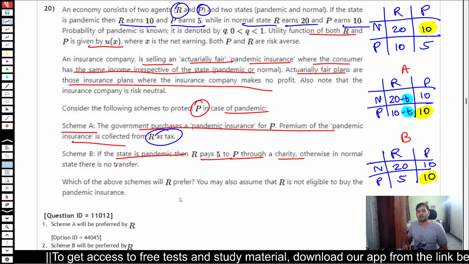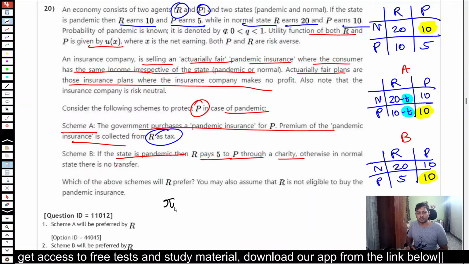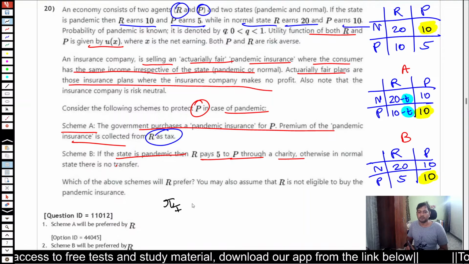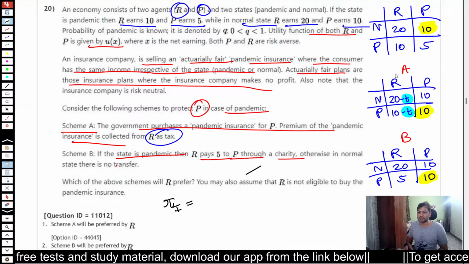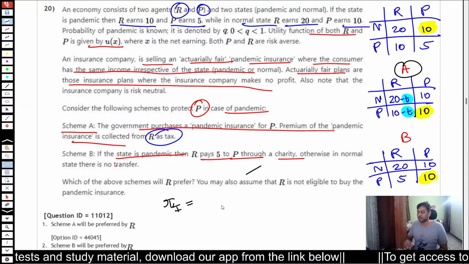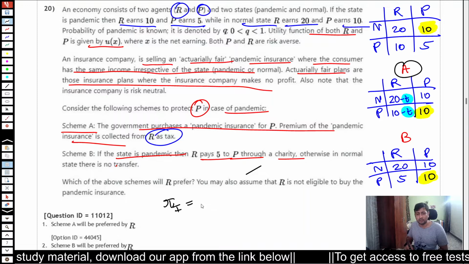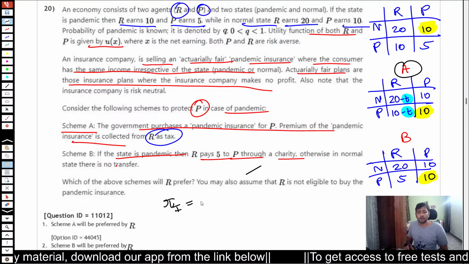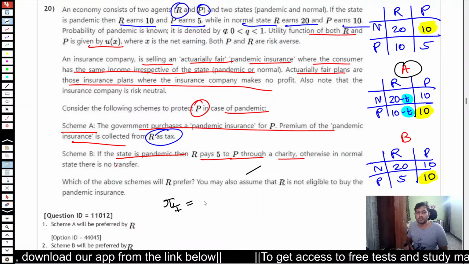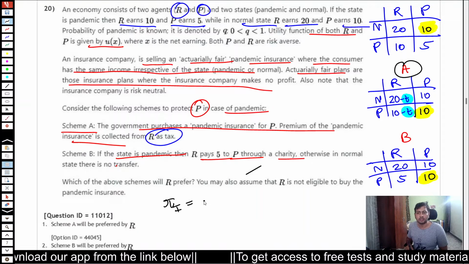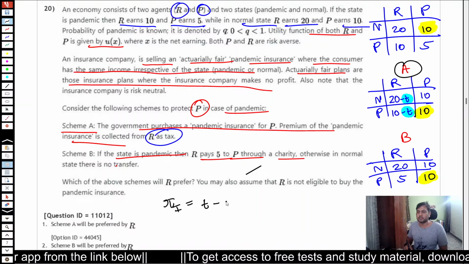For that, let's look at the profit of the insurance firm. If scheme A is active, then the profit of the insurance firm is T, which is the revenue, minus, with probability Q, the payout.